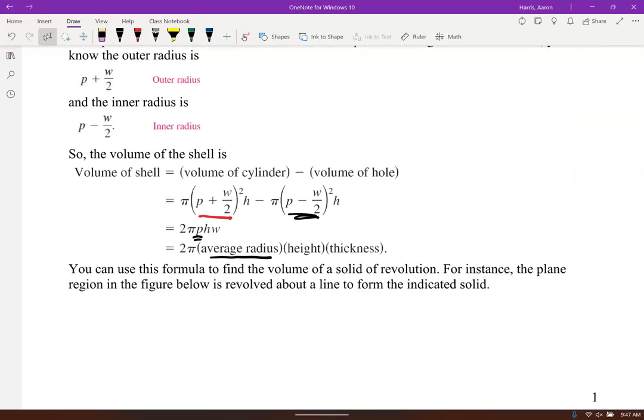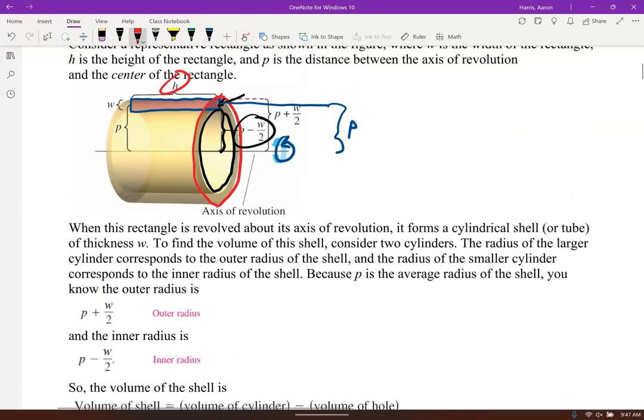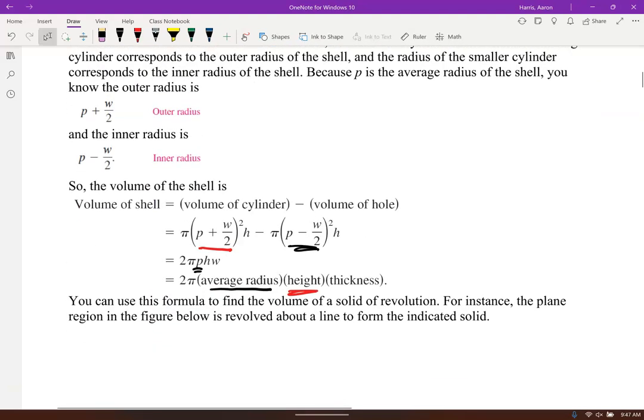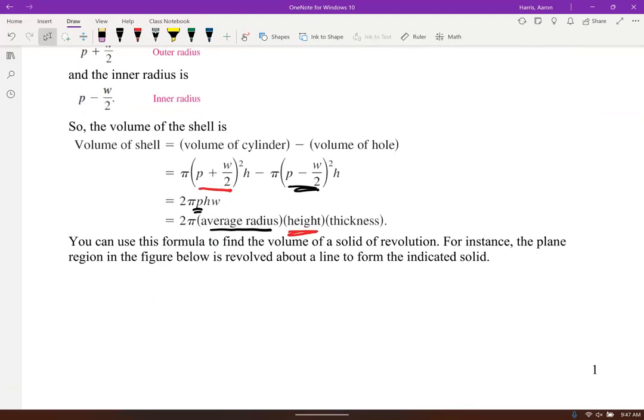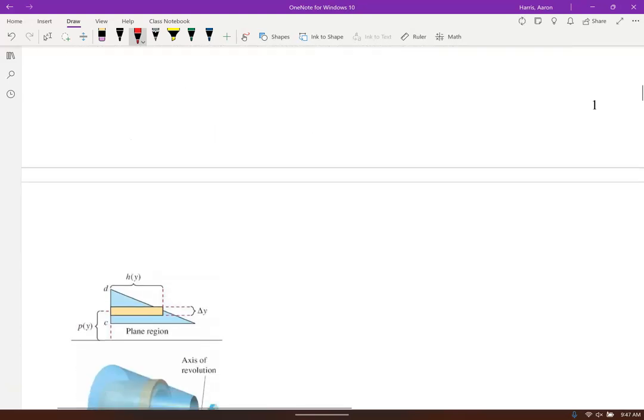Average radius times its height, here's the height from there to there, times its thickness, W. And then we're going to run a limiting process on that. So that's the cylindrical shell.